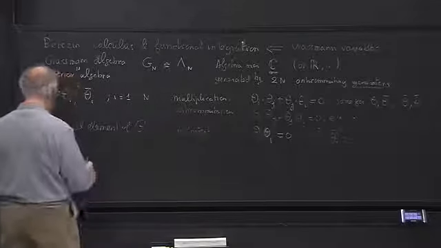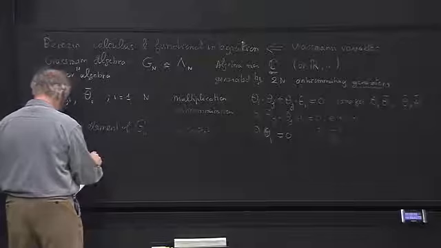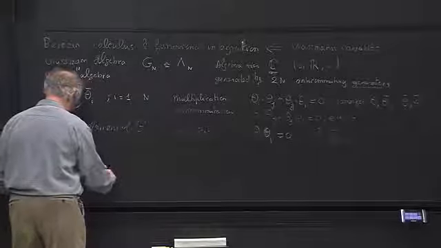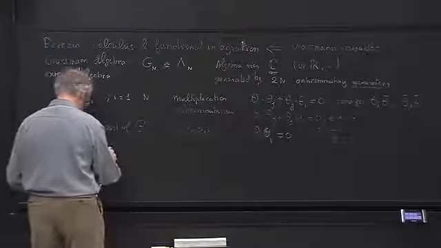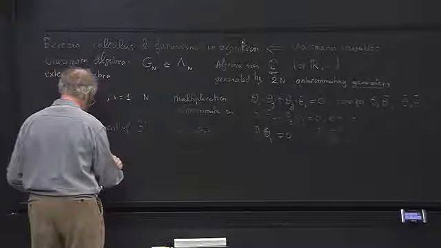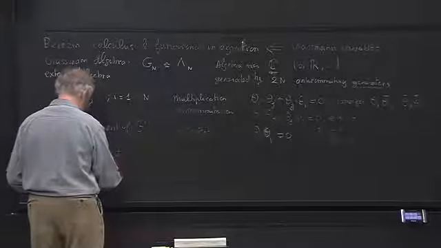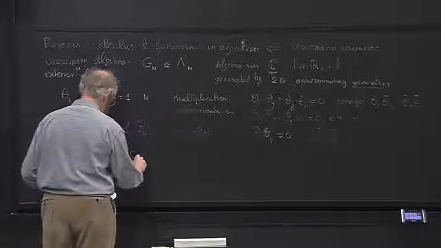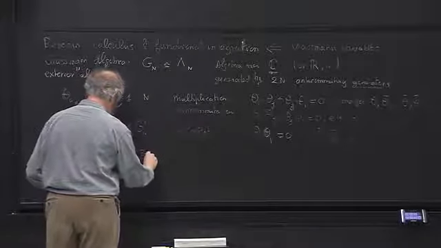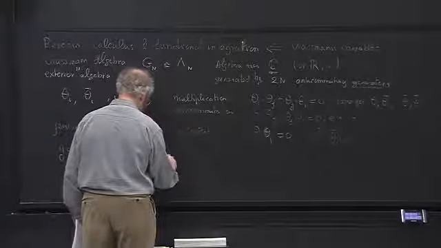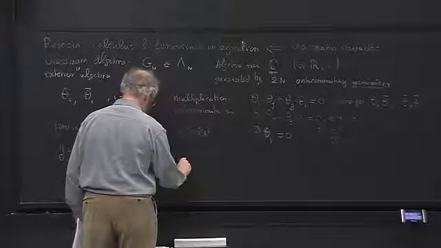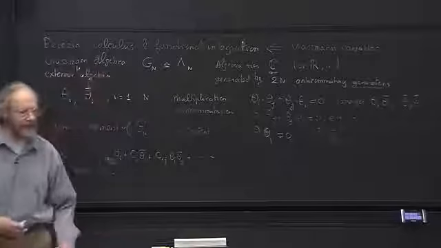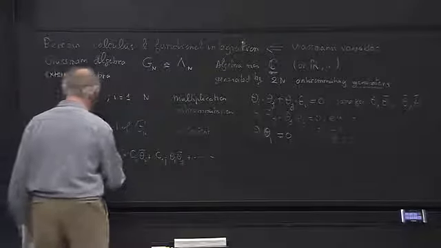It can be written as c, just a complex number, plus c_i theta i, plus c_i bar theta bar i, plus c_ij bar theta i theta bar j, etc. So you can write them all. These are complex numbers.